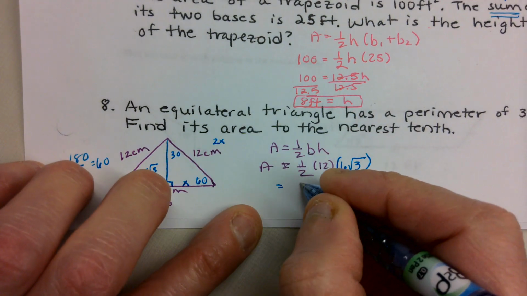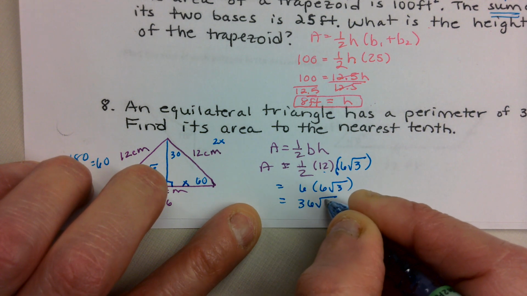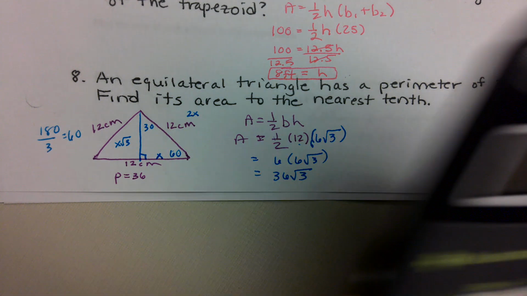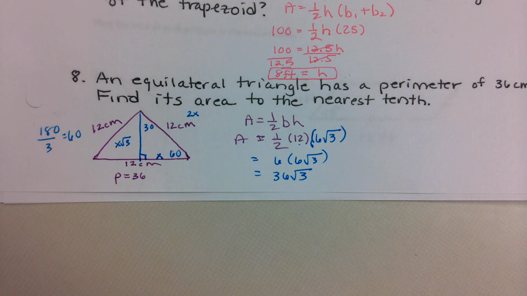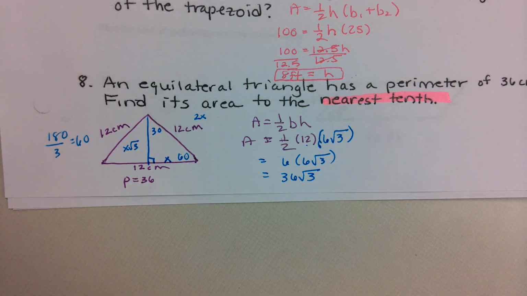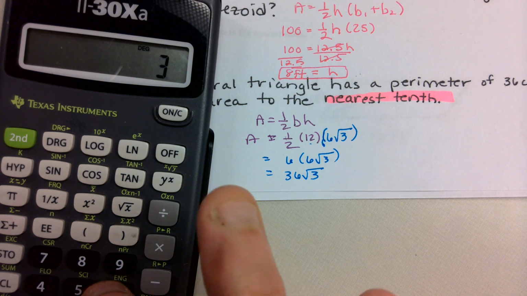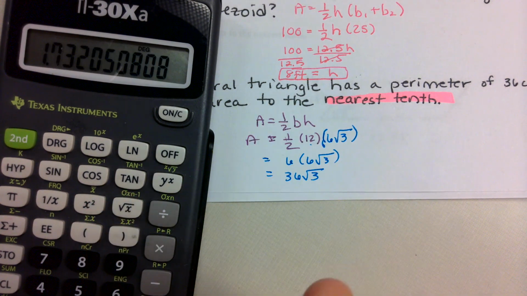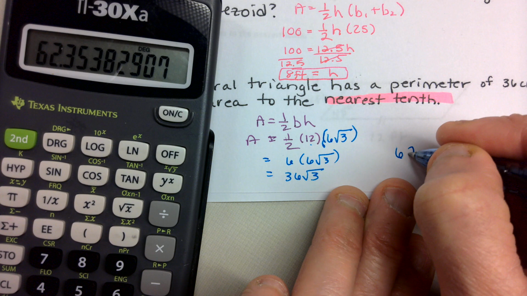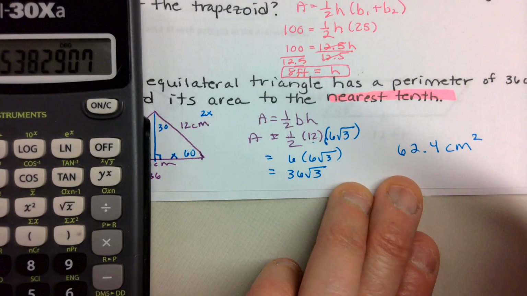And now I just need to find it up to the nearest tenth. 6 times 6 root 3 equals 62.4 square centimeters.